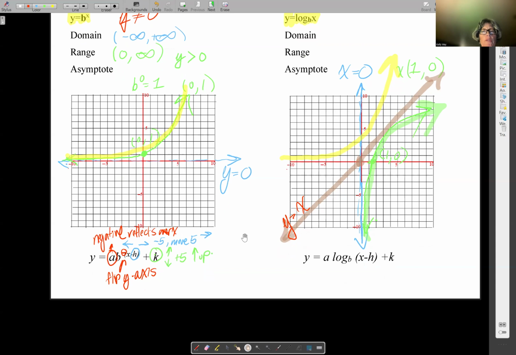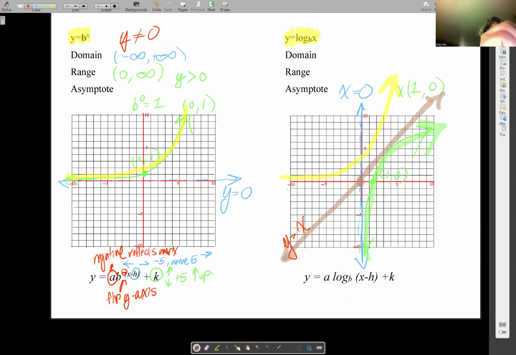And in the logarithm, therefore, our domain is exactly opposite. So our domain, okay, it can't be x. So we're going to start at x and go to positive infinity for x. So obviously this way.